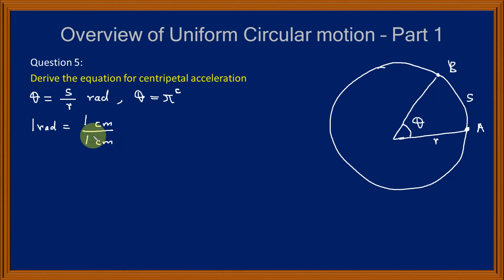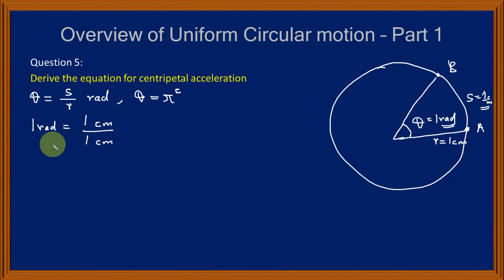For example, if the radius of the circular path is 1 centimeter, and this object moves through an arc whose length is also 1 centimeter, there isn't much space there, but this is 1 centimeter, then this theta is equal to 1 radian.